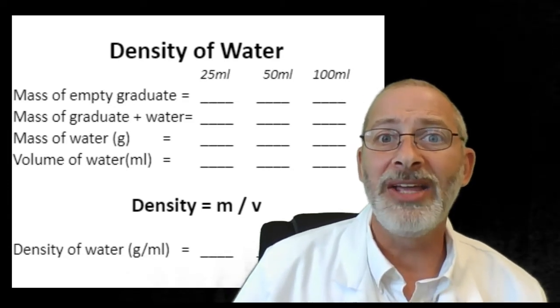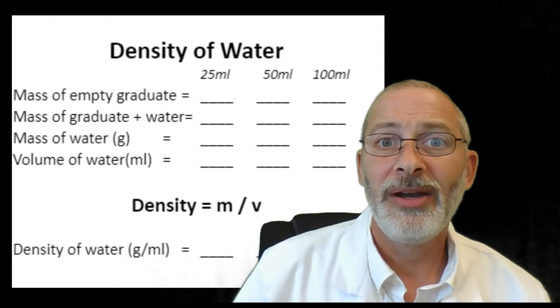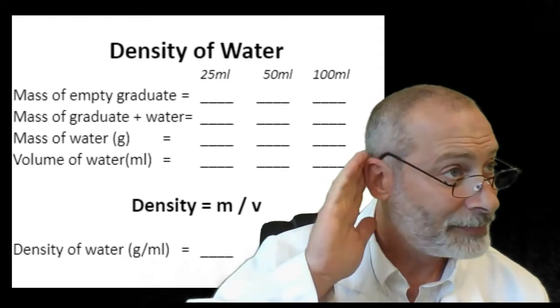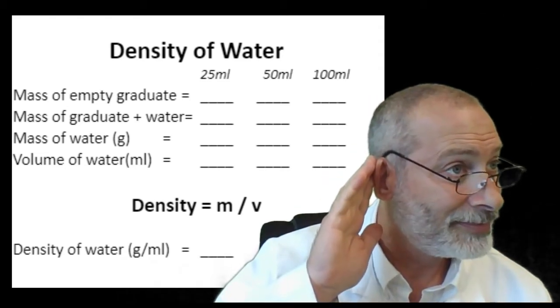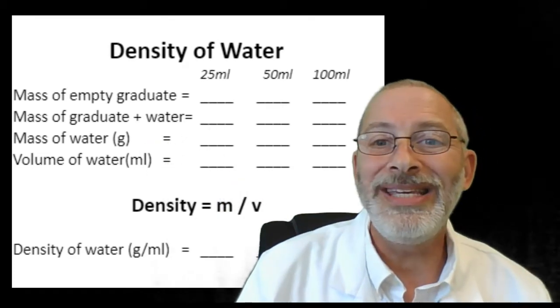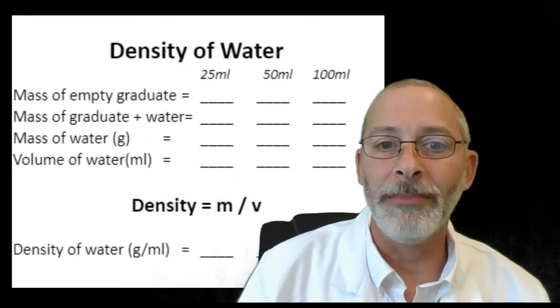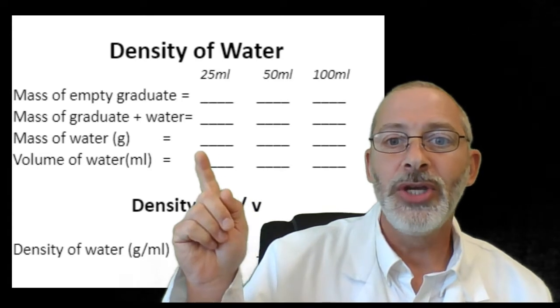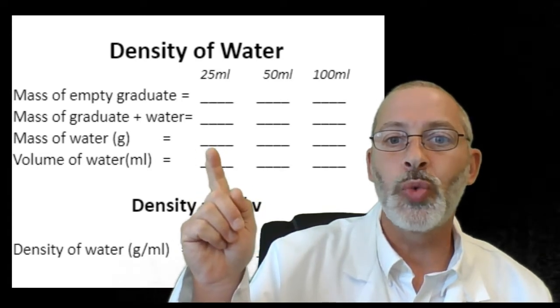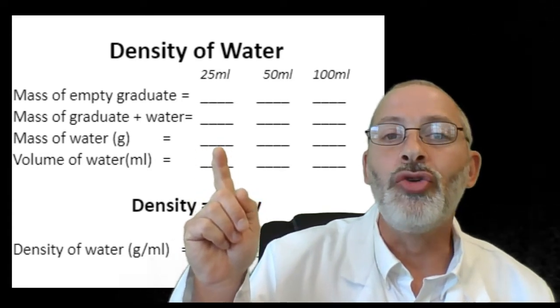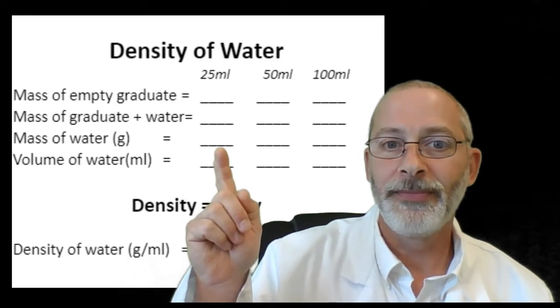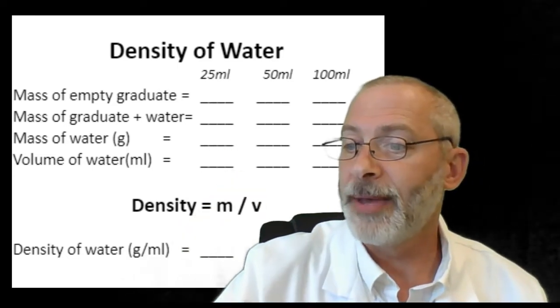And when you have an answer, yell it out. 25 grams. So in this space, you should be writing down 25 grams. And now let's go to the next step.